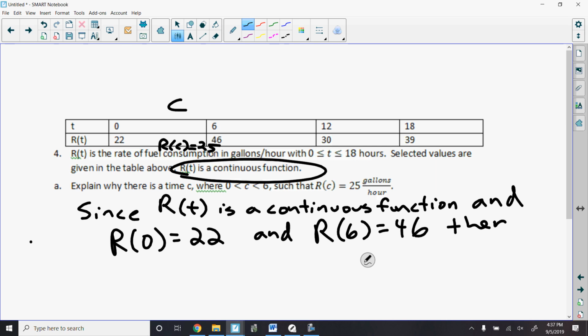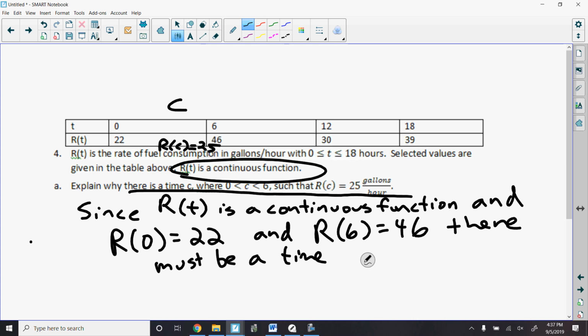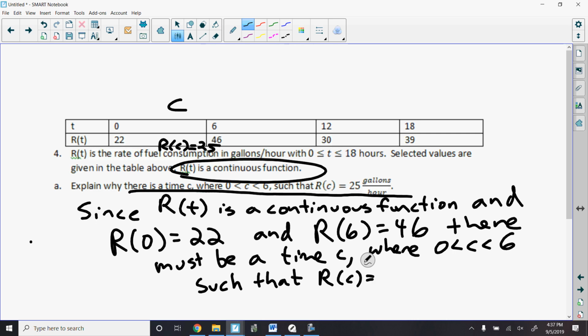There must be a time c. Now I'm just kind of copying this phrase right here. There must be a time c where 0 < c < 6, such that R of c equals 25 because of the IVT.